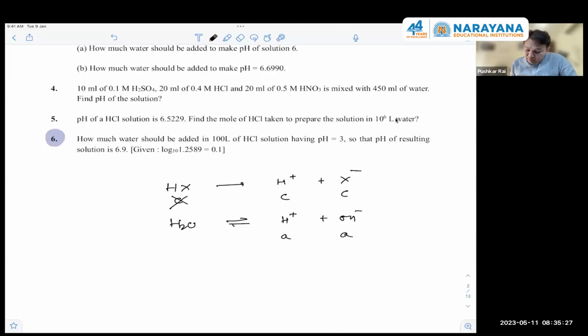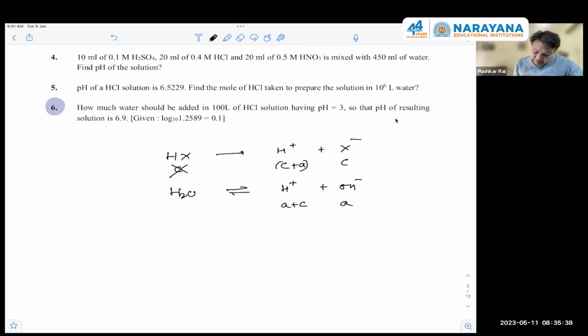That is the contribution from water. So total H plus will become C plus A, and OH negative will become A. That is a simultaneous equilibrium problem, and you have to solve it like this. (A plus C) into A is equal to KW. So already you know C, and you will calculate A by solving this quadratic equation.